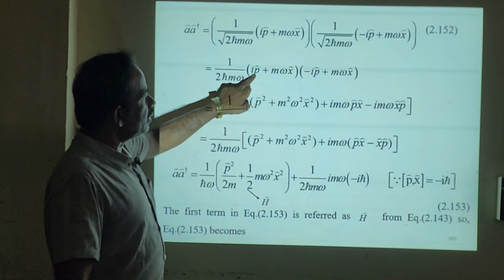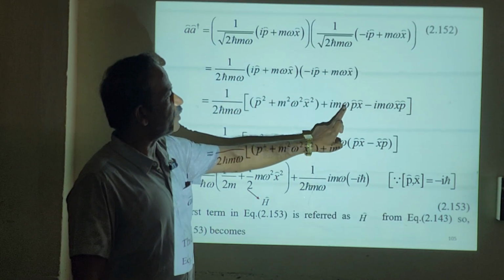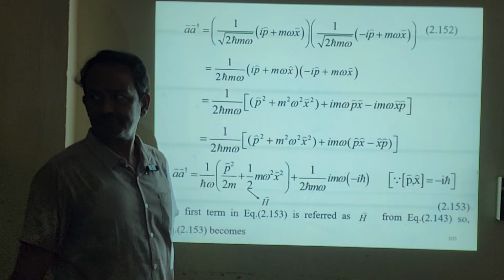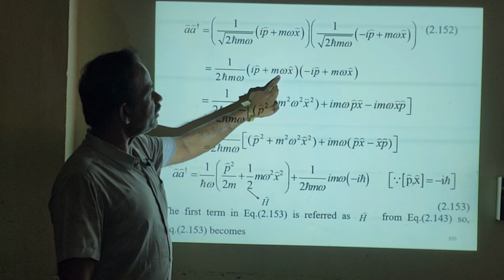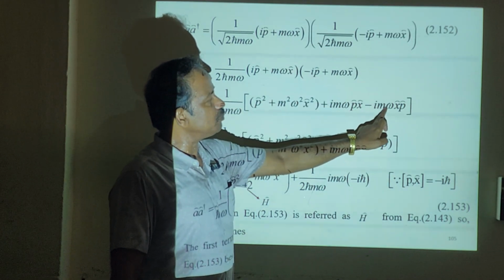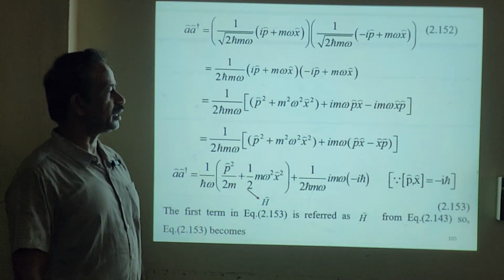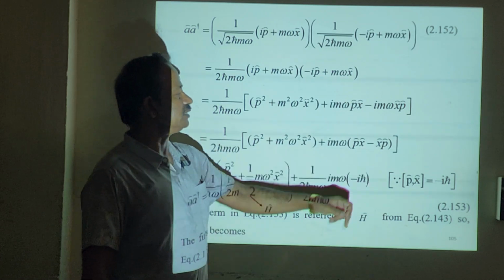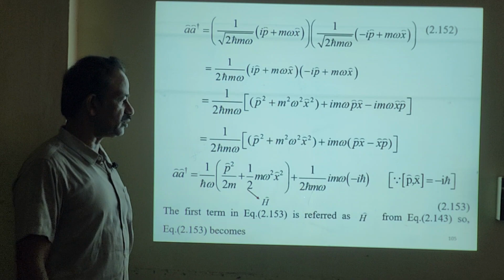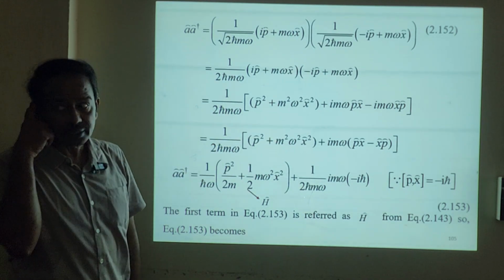Now the next one will be ip multiplied by m omega x. So px. Constant we can pull it up. No problem. The next term will be m omega xp. See, m omega m omega xp. Pull the common terms out here: m omega into px minus xp. And this term, p squared plus m squared omega squared x squared, we will keep as it is. Is it okay?